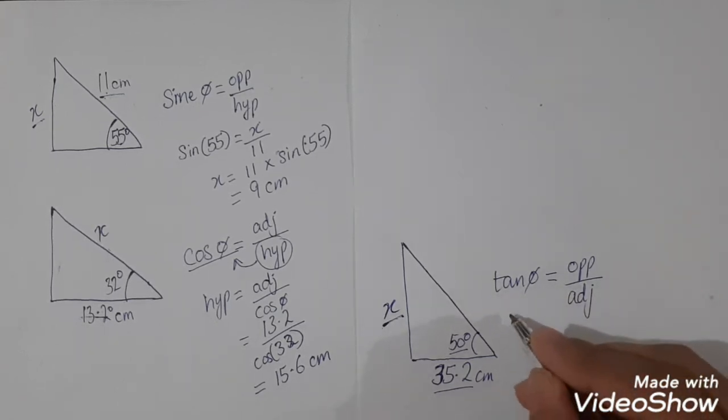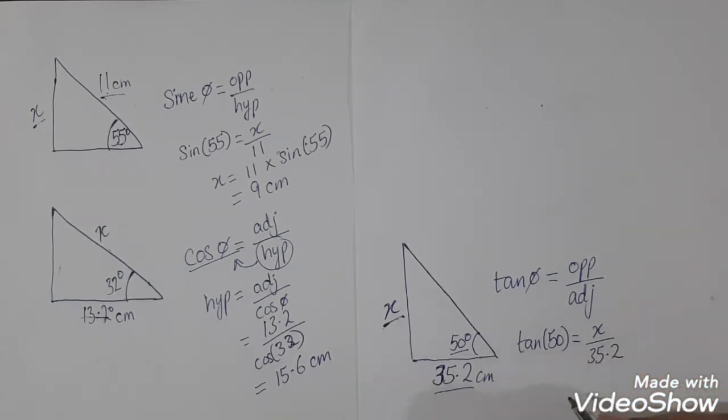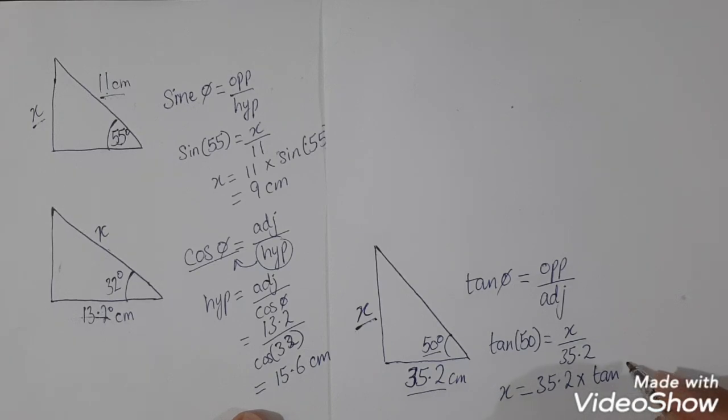So we will write tan 50 is equal to x divided by adjacent, which is 35.2 centimeter. Then you write x is equal to 35.2 multiplied by tan 50, which is 41.9 centimeter.